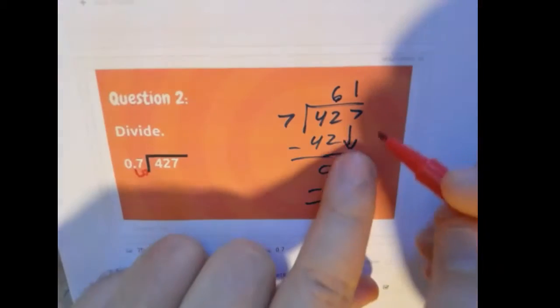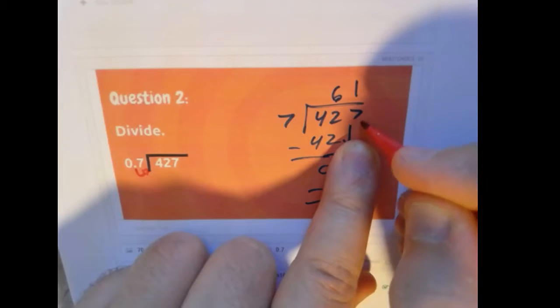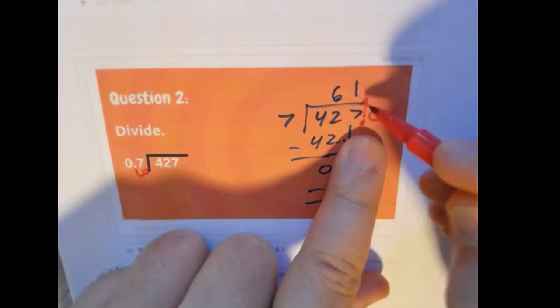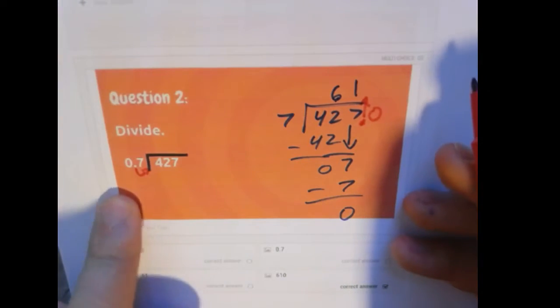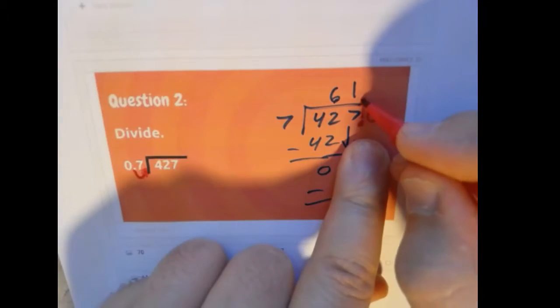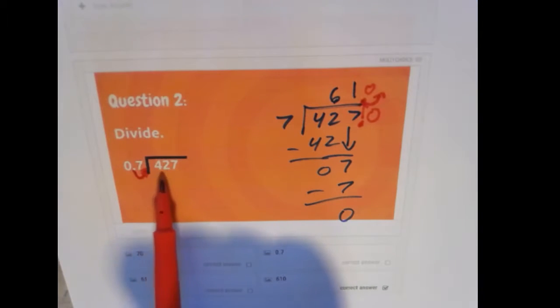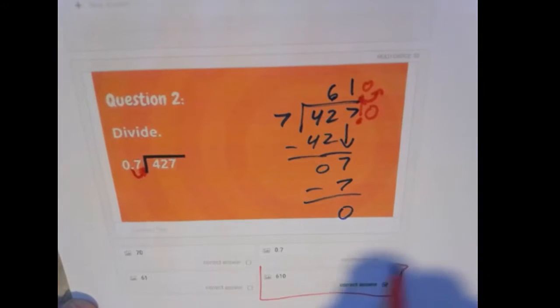So where would this be? If there were a decimal on the 427, it would be 427.0, which would put the decimal at 61.0. But remember at the beginning, because we had to move the decimal one spot to the right, we're going to move it one spot to the right. I'm going to have a placeholder. So really, 427 divided by 0.7 is 610.